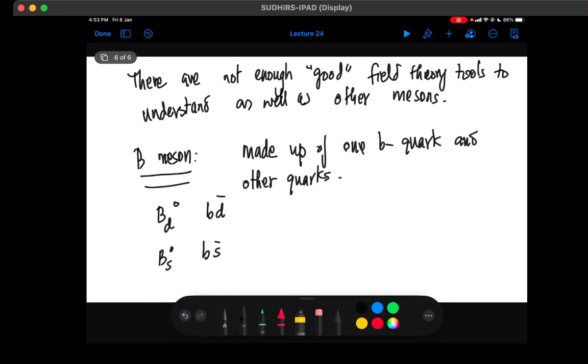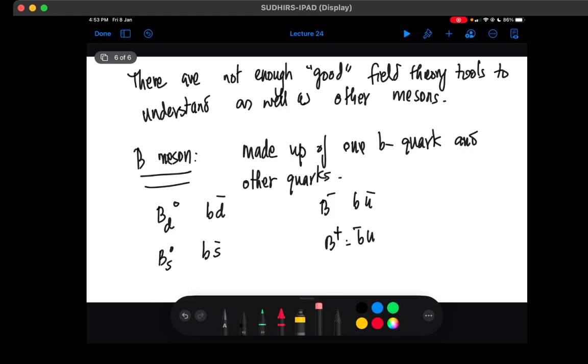Okay, these are two, b d-bar, and then you have B plus, which is b u-bar. Okay, similarly you have others. So B minus, sorry, B plus would be b u-bar, B-bar u, and so on.